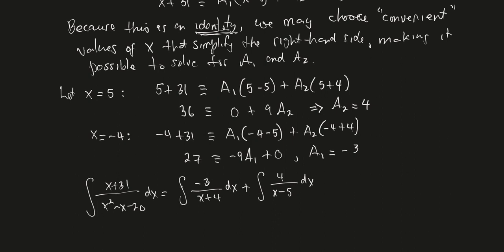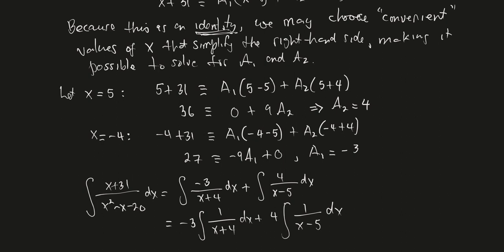And then we can factor out our constants. So we have -3 outside the first integral, and then now factor out the 4, and then we have 1 over x minus 5 dx.